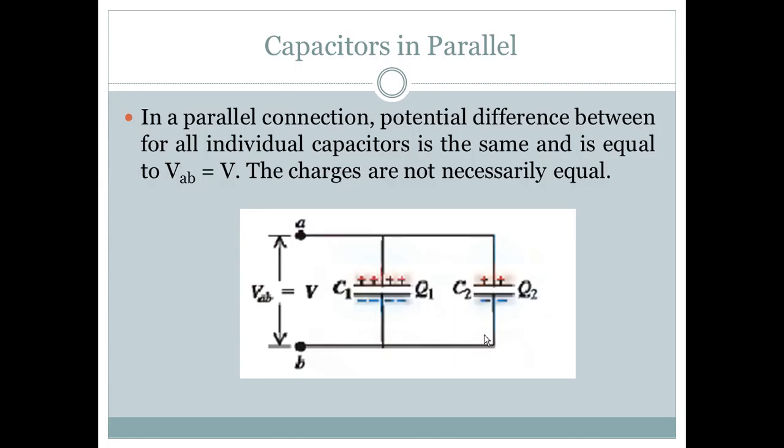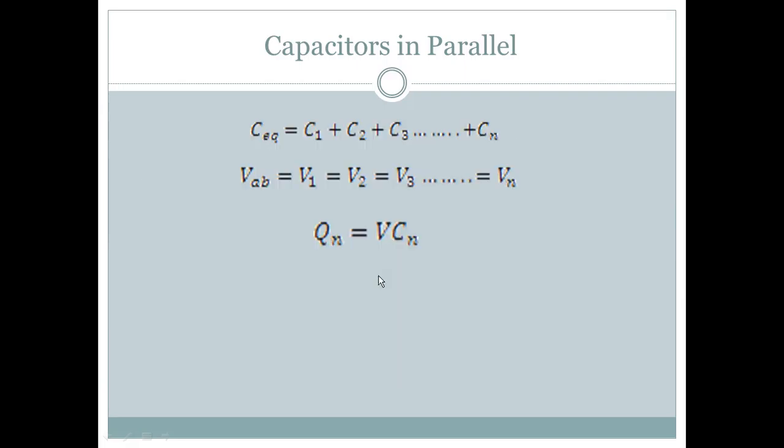So this means that V sub 1 is simply equal to V sub AB, and V sub 2 is equal to V sub AB also. Now, although the voltage is the same for both capacitors in parallel, it doesn't necessarily mean that the charge that would accumulate on each of these capacitors would be the same for both capacitors.